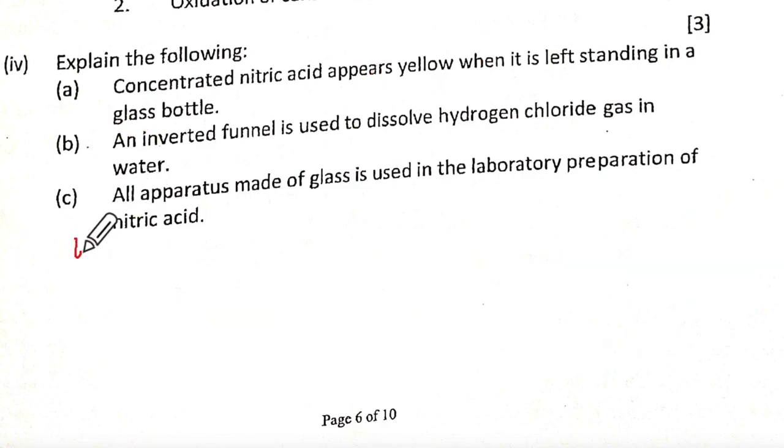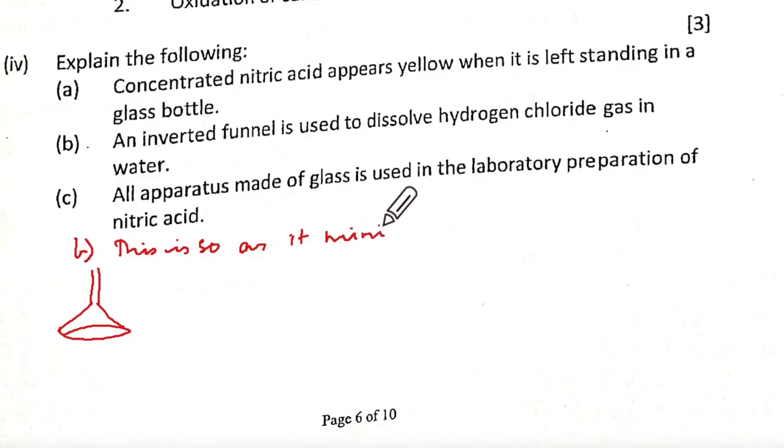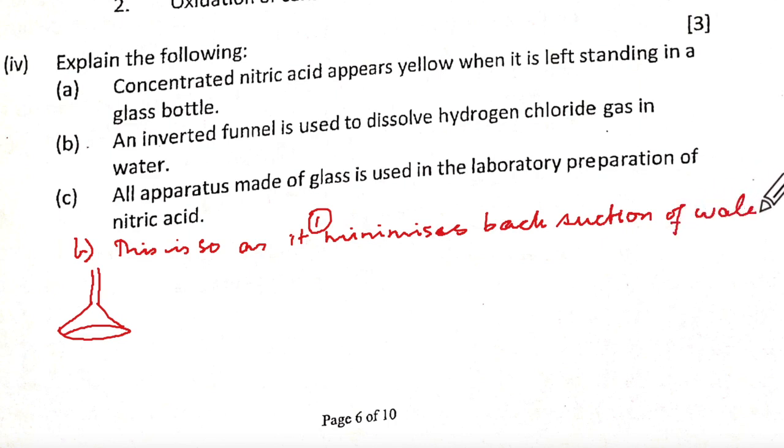Inverted funnel used to dissolve hydrogen chloride. What does the inverted funnel do? It prevents back suction, as the funnel is inverted like this. It minimizes back suction of water, and also increases surface area. Number one, it minimizes back suction of water.